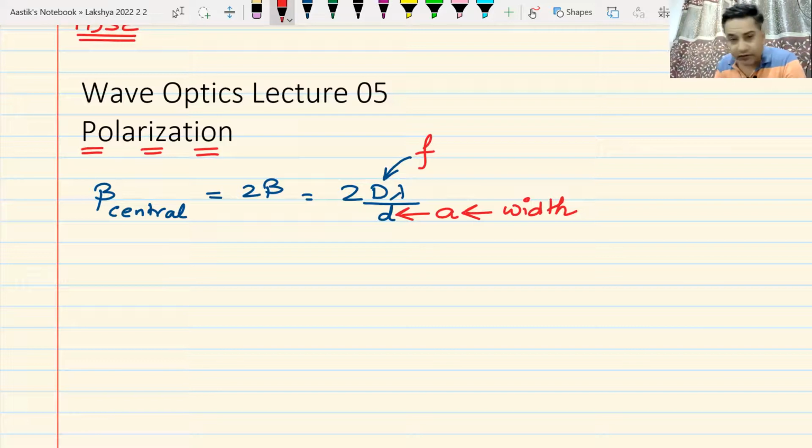We will try to cover everything from that particular mind map. So I will just open it up and keep it so that after dealing with polarization, I can show you the mind map and show you whatever things we have discussed are already there in the mind map. So whenever you want to revise, I don't know how much time you are left with to revise, you can go through those things.